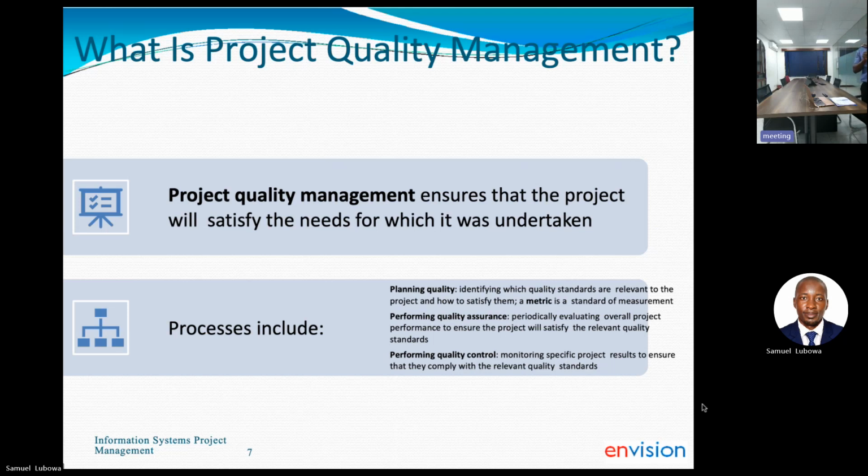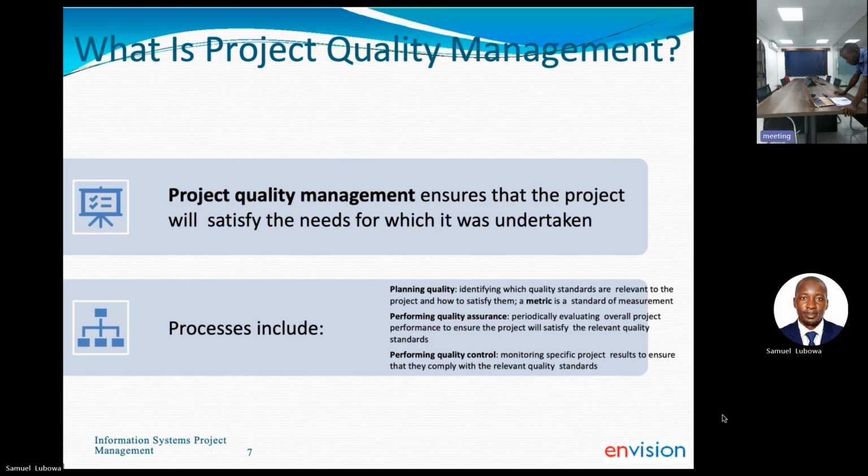Number one, you have to plan. You have that particular step called planning.